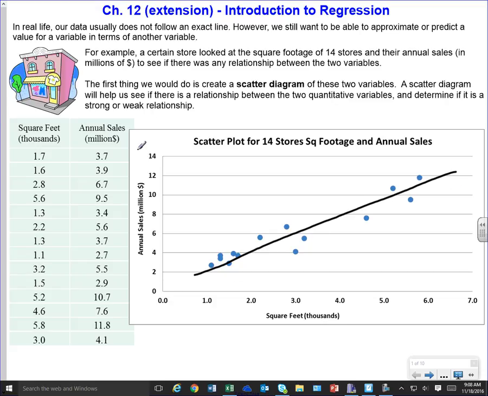Let's look at this example. It's one we looked at a little bit back in chapter 8, but let's say a certain store looked at the square footage of 14 stores and the annual sales in millions of dollars for each of those stores. They want to see if there's any relationship between the two variables. We could hopefully say that the larger the store, we're hoping we would get more sales, right?